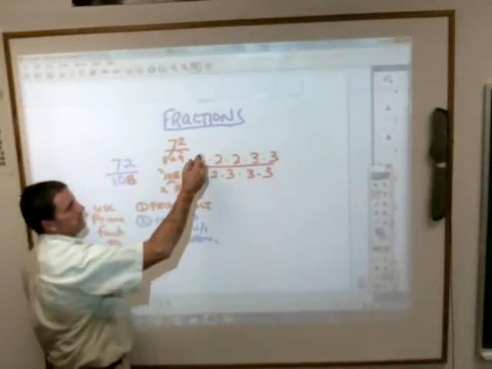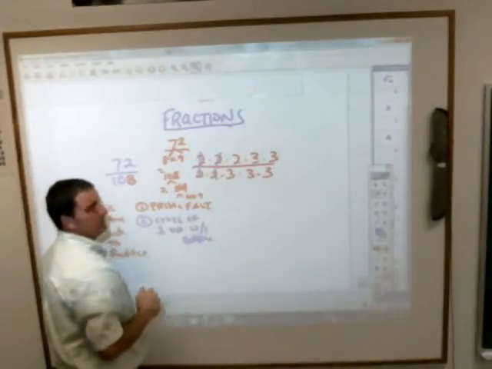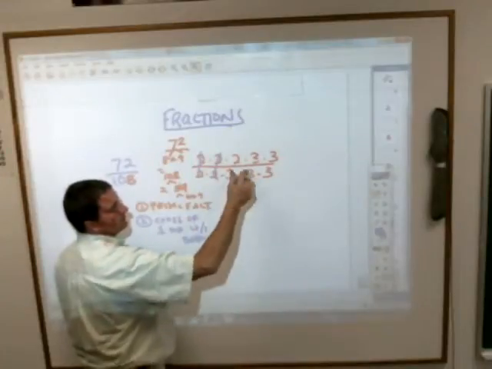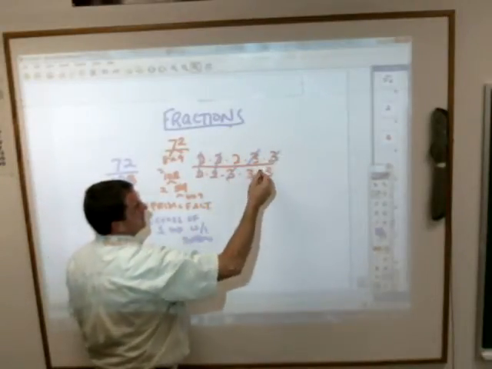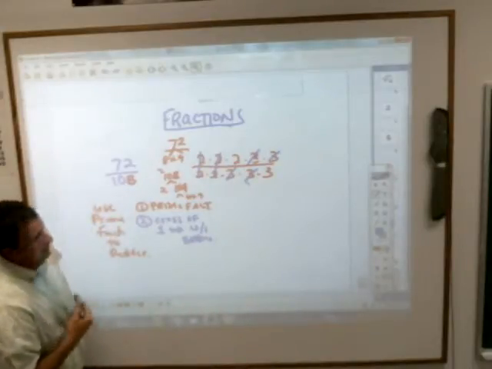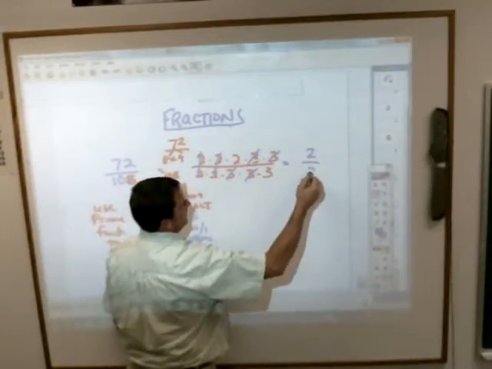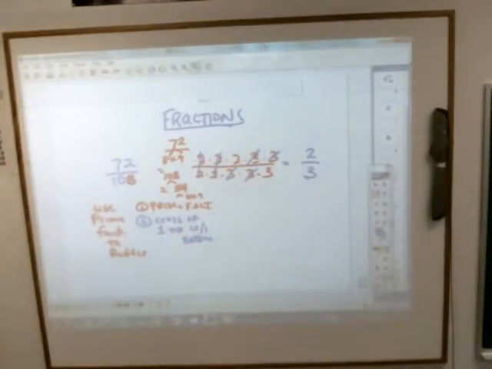In other words, one of the 2's on top crosses off with one of the 2's on the bottom. There's no other 2 on the bottom, so this 2 is going to stay. This 3 is going to cross off with that 3. This 3 will cross off with that 3. I am then left with a 2 on top and a 3 on the bottom. 72 over 108 is the same thing as 2/3.